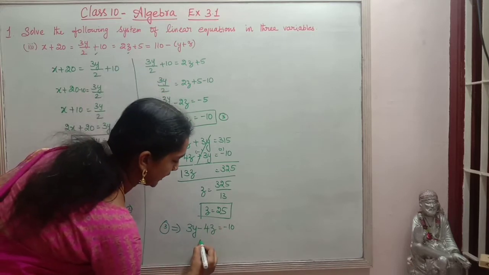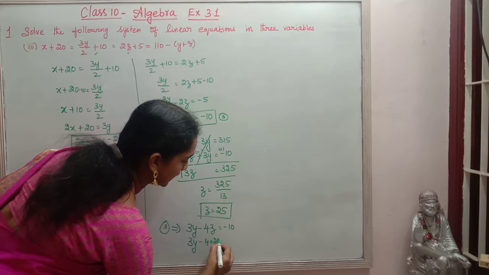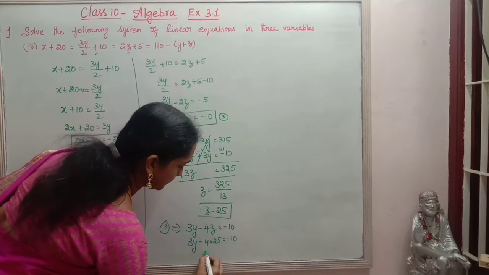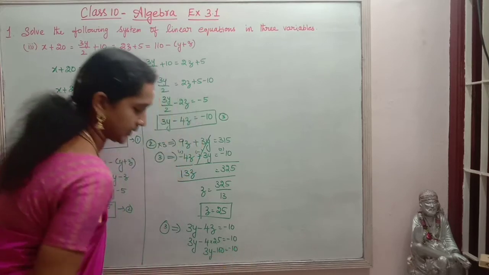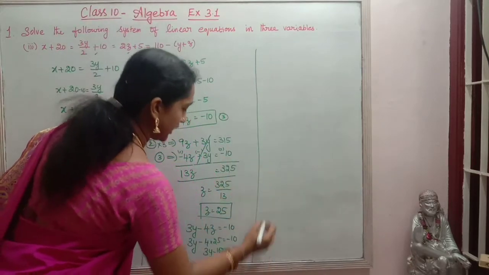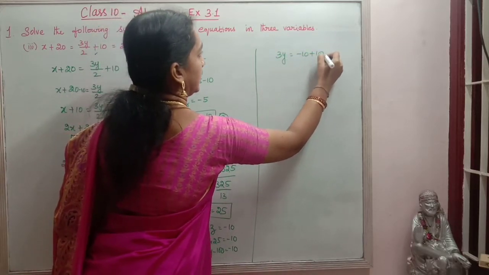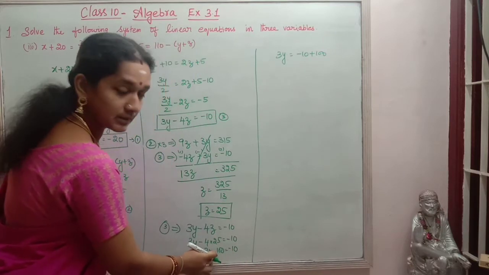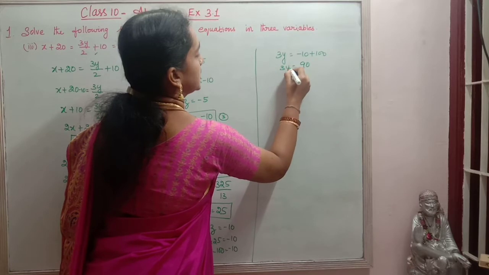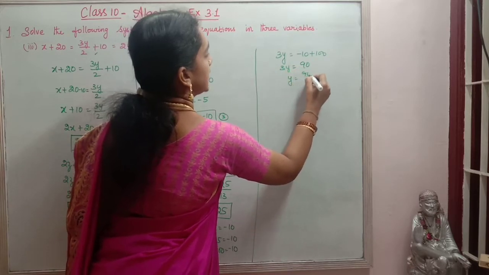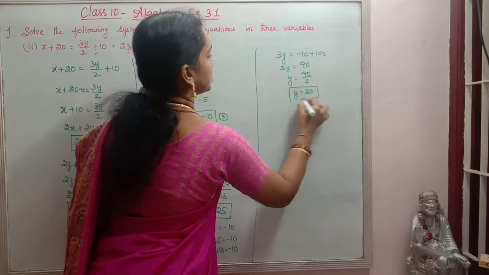Z is 25, so 3y minus 4 into 25 is equal to minus 10. So 3y minus 100 is equal to minus 10. 3y is equal to minus 10 plus 100, that is 90. 3y is equal to 90, y is equal to 90 by 3. So the y value is 30.